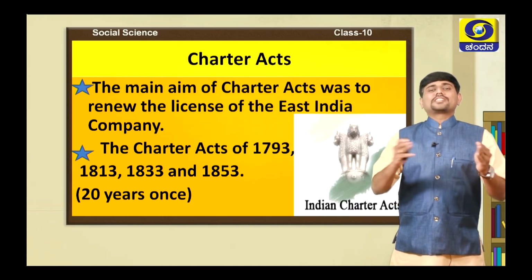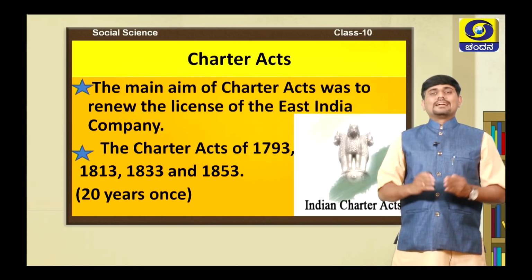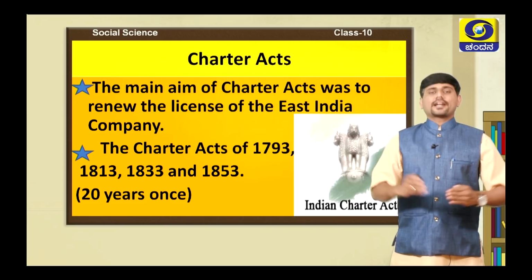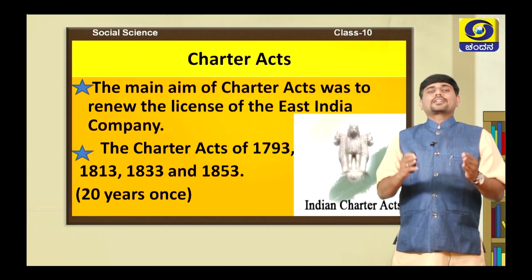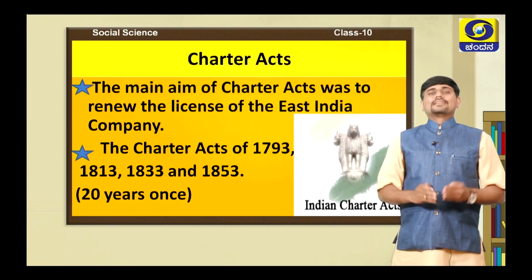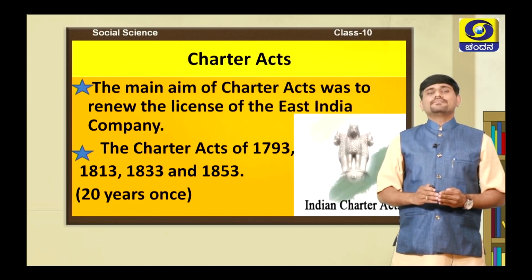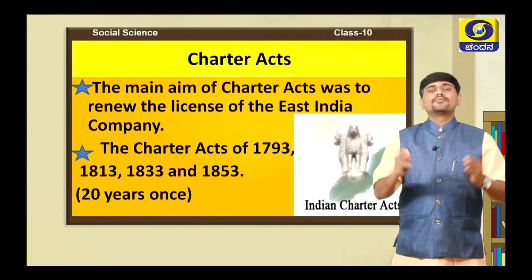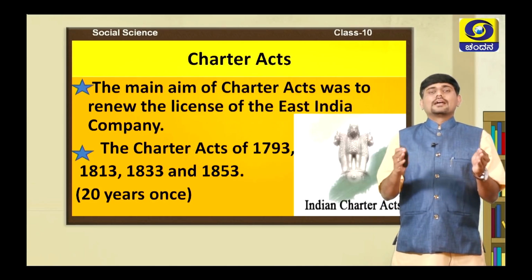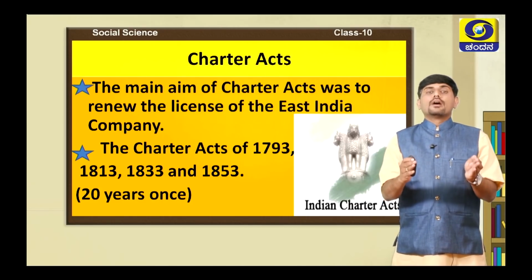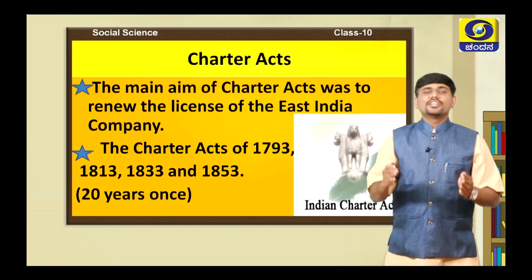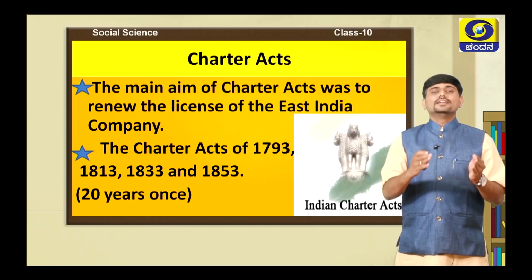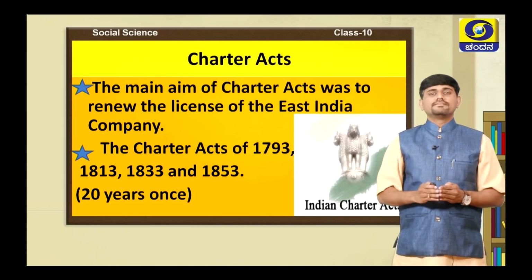There are different types of Charter Acts: the Charter Act of 1793, the Charter Act of 1813, the Charter Act of 1833, the Charter Act of 1853. Like this, the Charter Acts were introduced once every 20 years in India, right from the year 1793 till the year 1853.